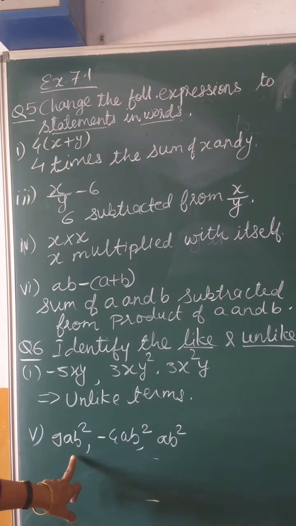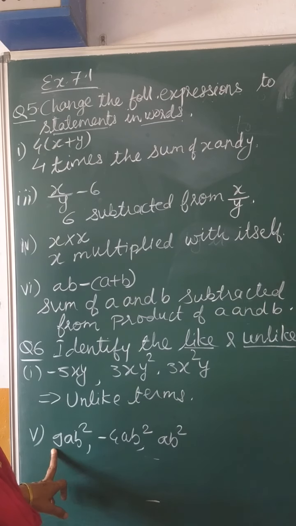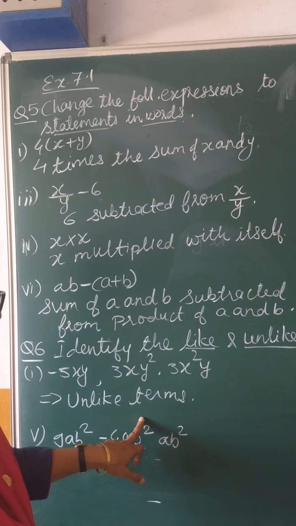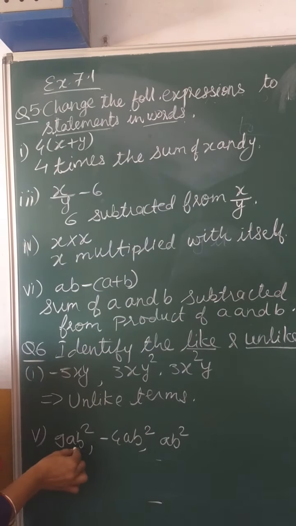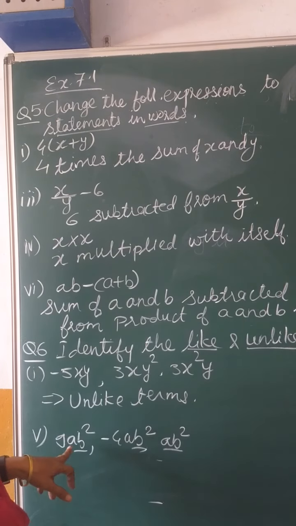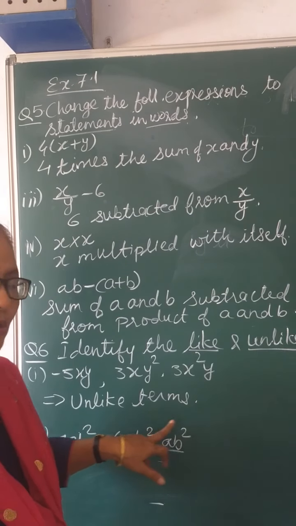Now let's see this here. AB square. Coefficient may be any. Okay. AB square. Here also AB square. And here also AB square. As you can see, these all are like terms. Means the variable is also the same and its power is also the same.